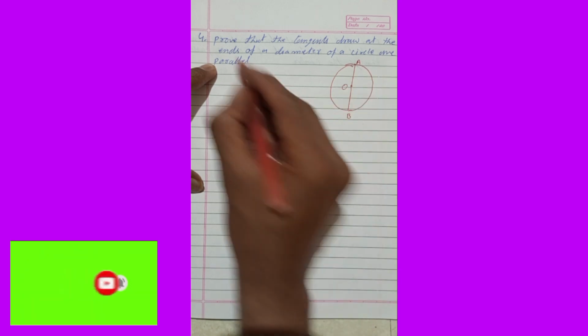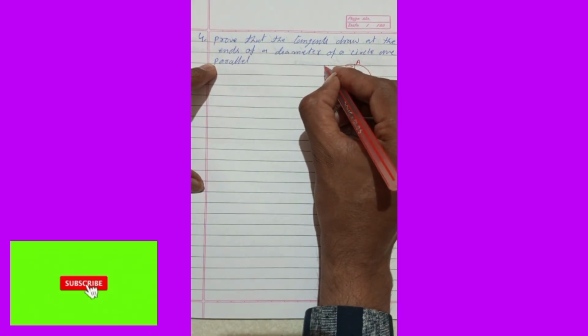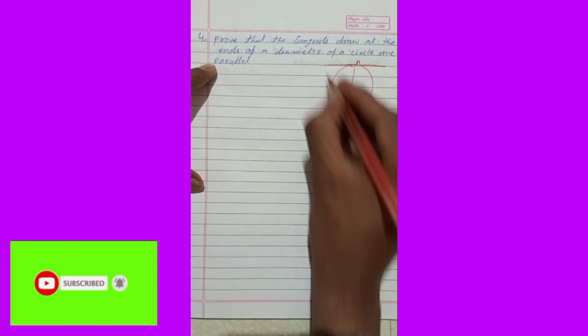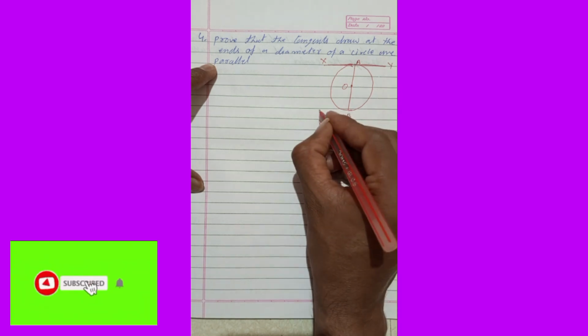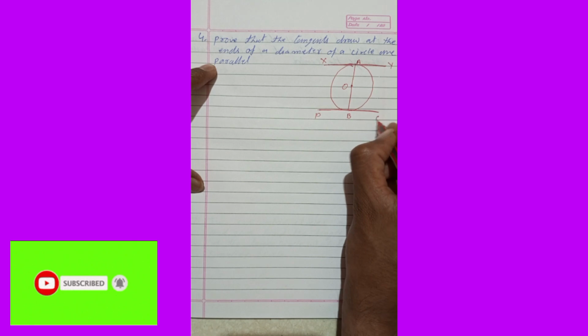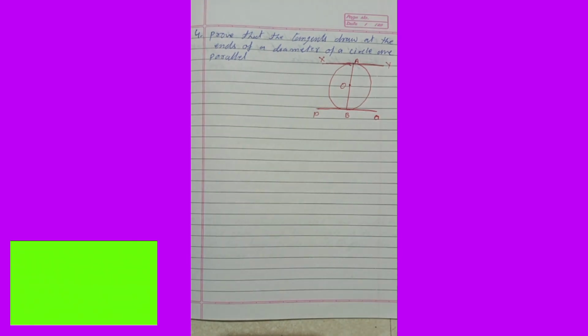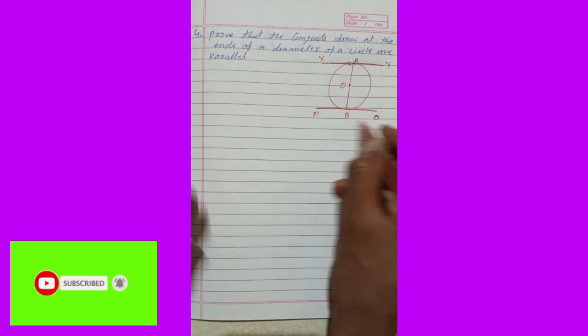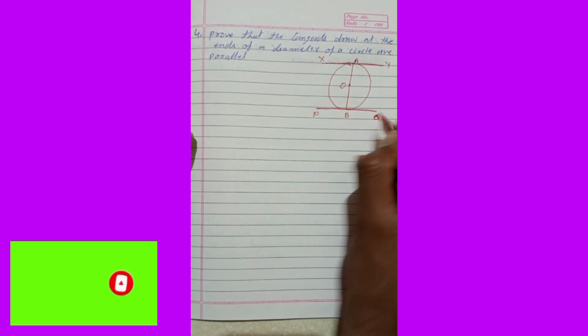Tangents are drawn at the ends of the diameter. Suppose this tangent is XY, and this other tangent is PQ. Now we have to prove that XY is parallel to PQ.